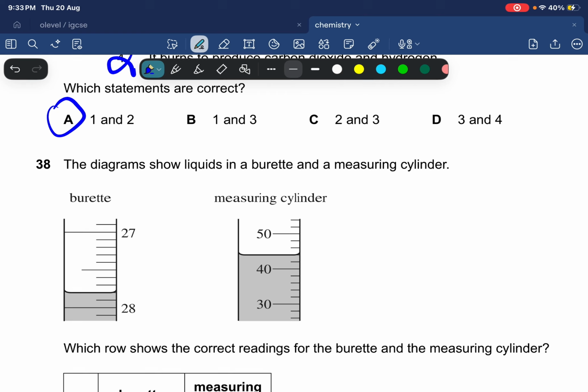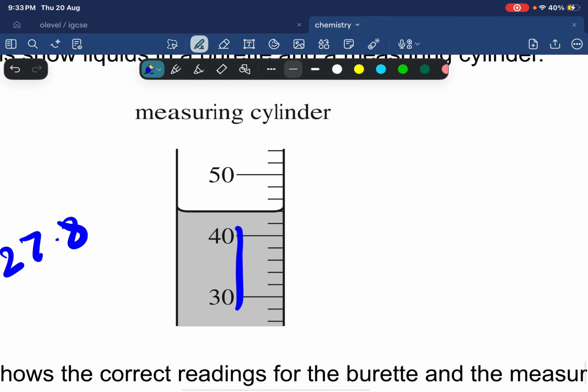The diagram shows liquids in a burette and a measuring cylinder. Okay, so from a burette you read like this, it's gonna be 27.8. You read from above, and in the measuring cylinder you read from below.